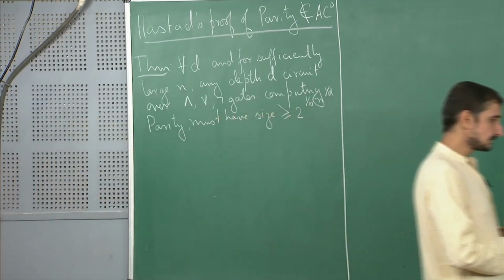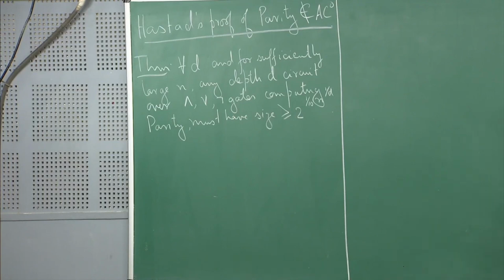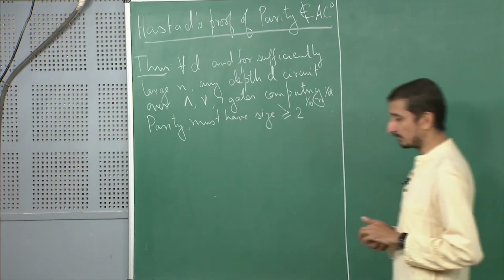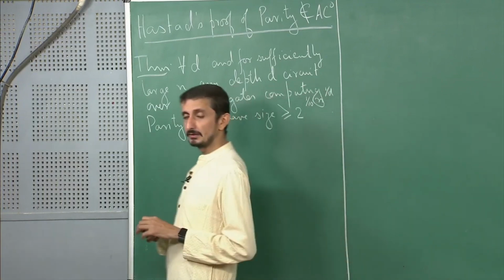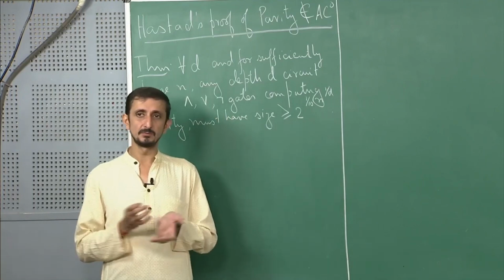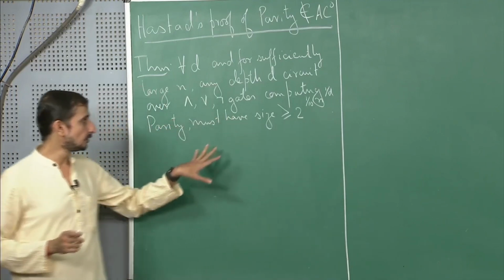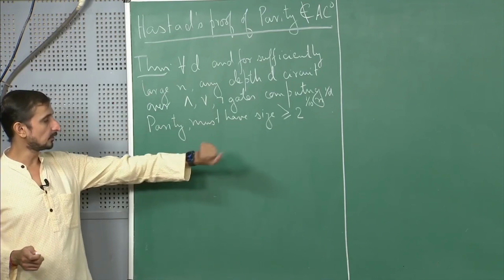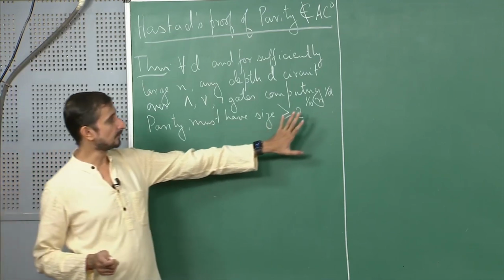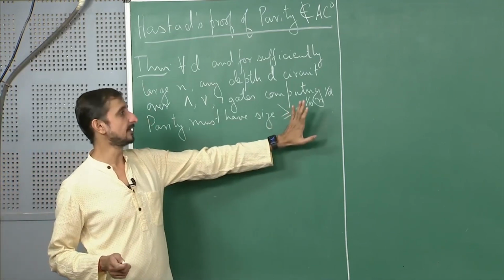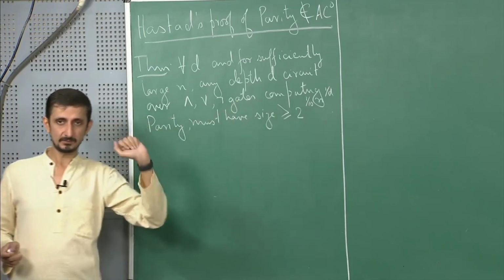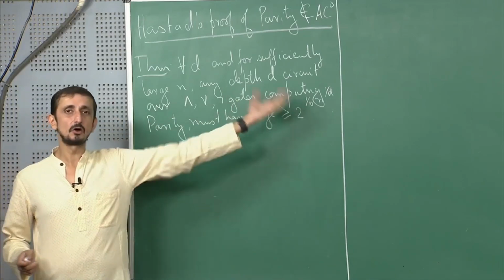So, last class we also saw a similar lower bound for parity using the method given by Razborov and later on improved by Smolensky. The lower bound that we had obtained was of the sort 2 to the power omega n to the power 1 over 2d. Okay. So, this is actually a stronger lower bound.